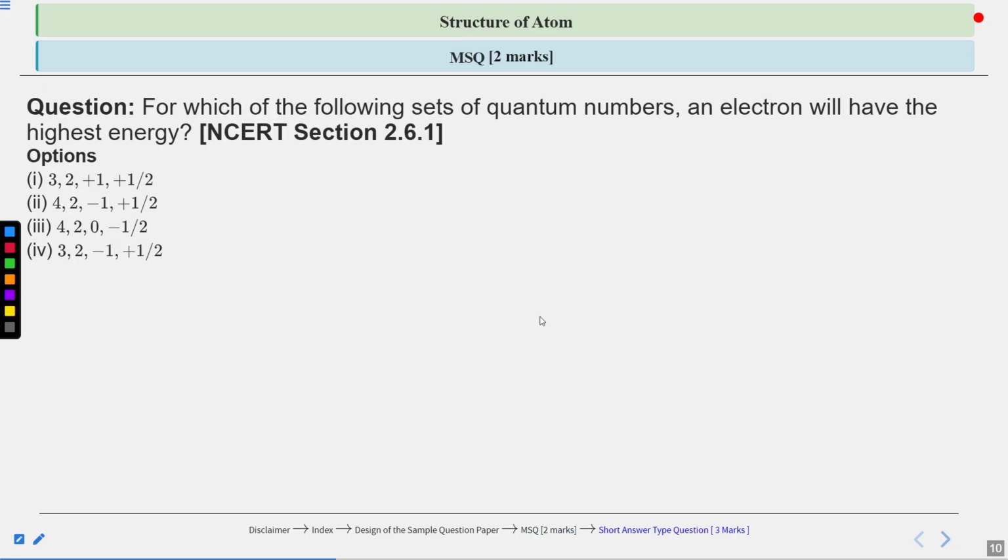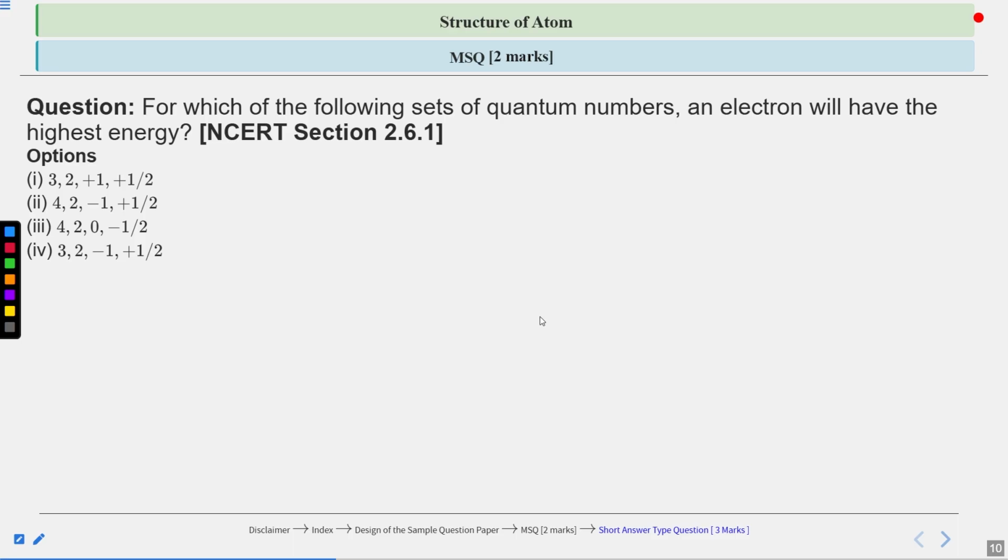Moving on to the next question, you have to identify from the given sets of quantum numbers which one will have the highest energy if electrons are filled in it. The first set has n value as 3, l value as 2, ml value as +1, and ms value as +half.